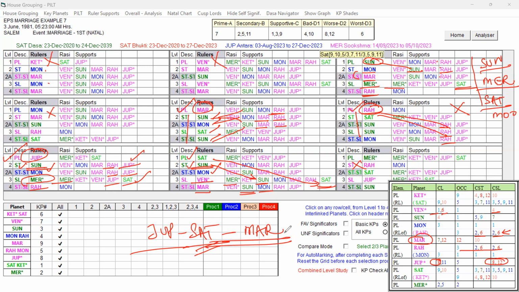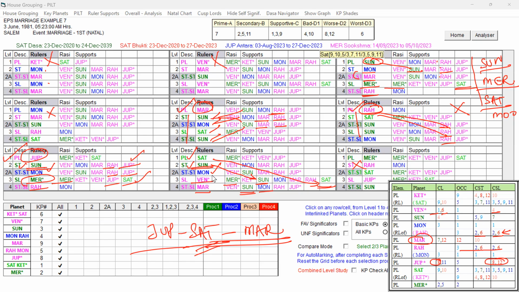The native got married during this period, Dasa Bhukti Antara. You see, I'm repeatedly saying that the purpose of studying all the planets is for the comparative study and also for your practice. So we cannot select one planet just because of this Venus and Mars being present. We will not be able to say that this Venus is going to be unfavorable.